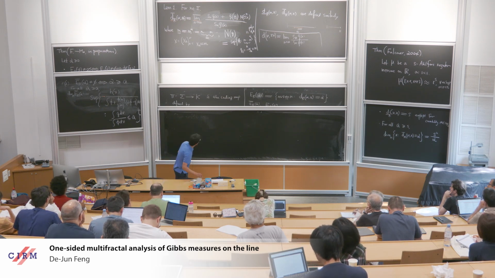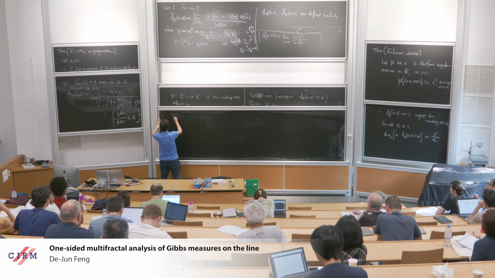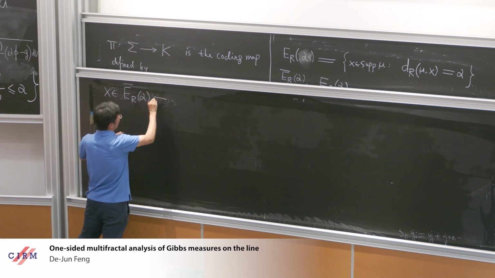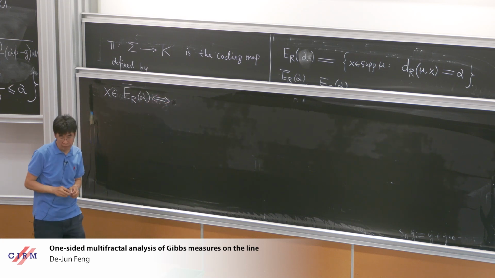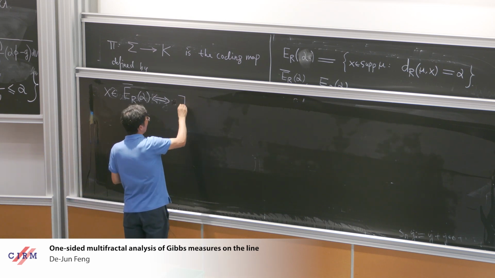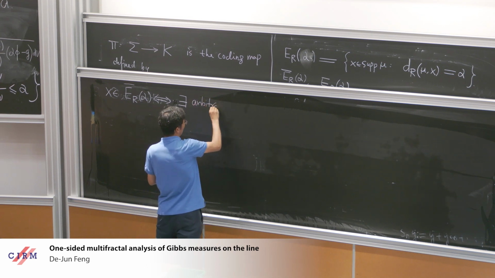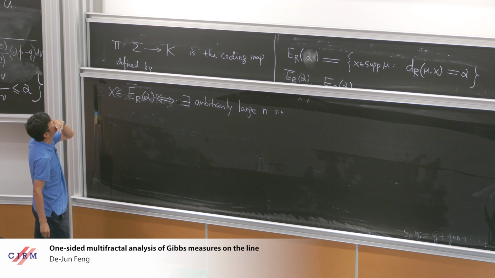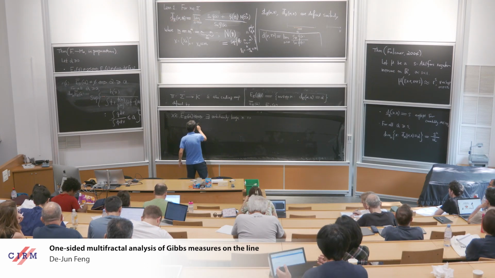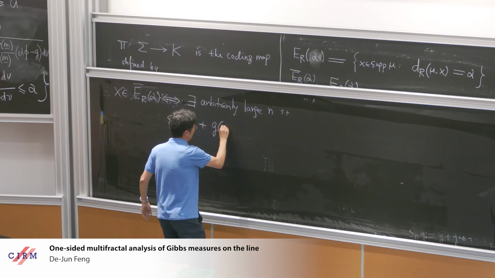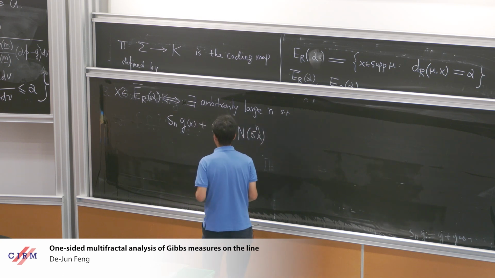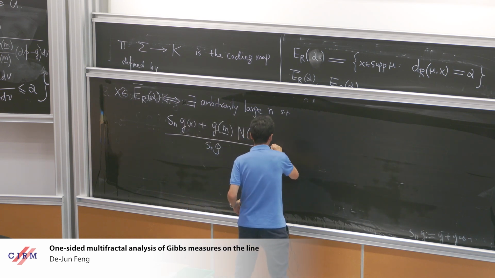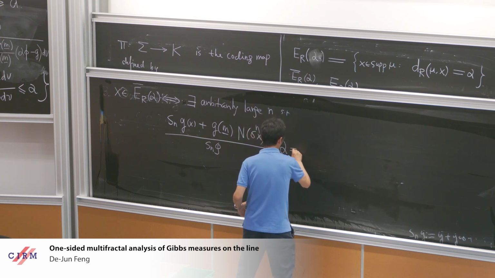According to this expression, we see that x is a point in E_alpha if and only if there exist arbitrarily large n such that S_n g(x) plus g(m) n sigma^n x over S_n phi is roughly equal to alpha, equal to 0, 1.